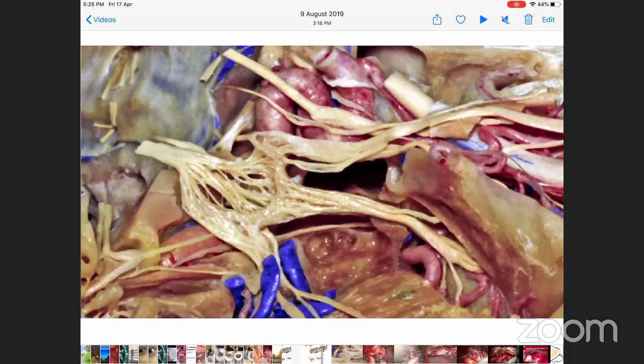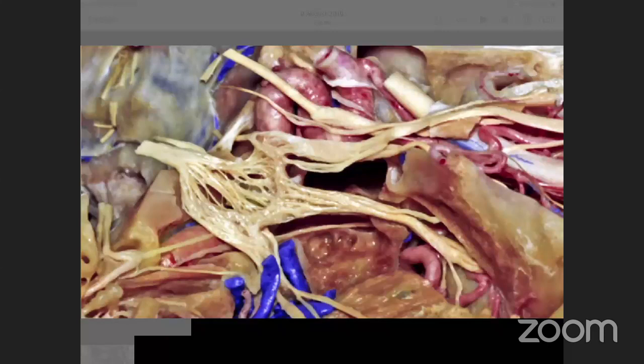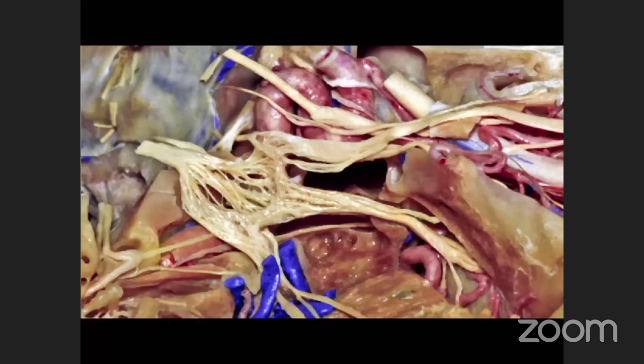So the first vertical segment below the ophthalmic artery is C3. Everybody is clear about that segment? Now you can see the proximal and the distal dural rings. And below the proximal dural ring, you can see the third nerve and the fourth nerve.